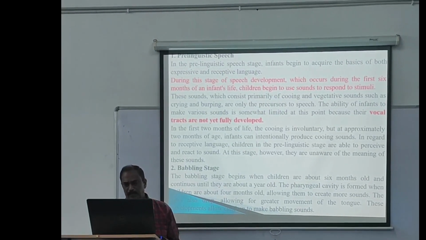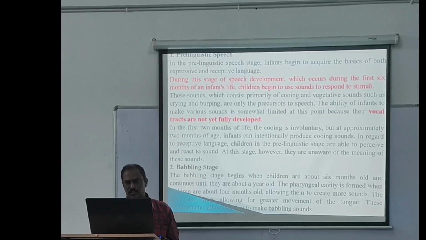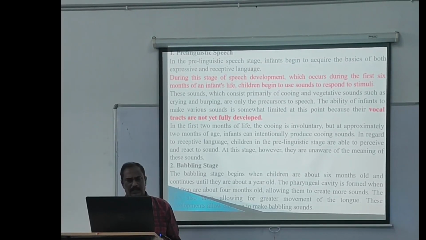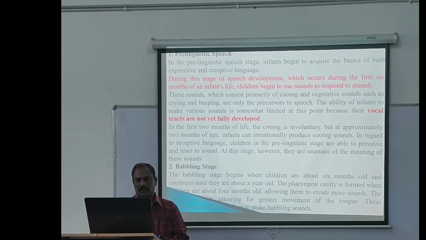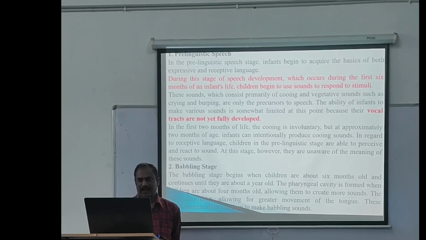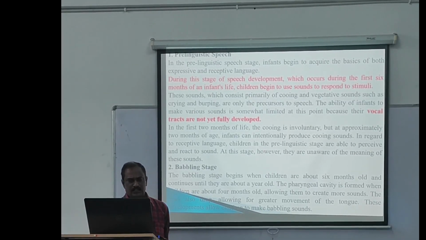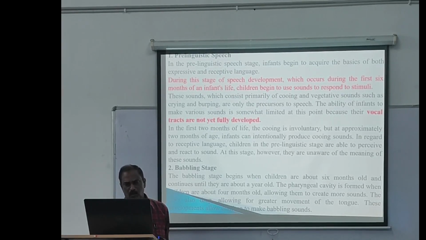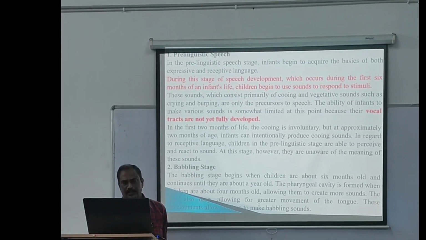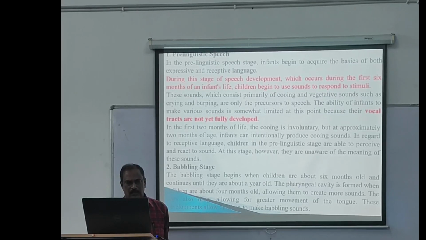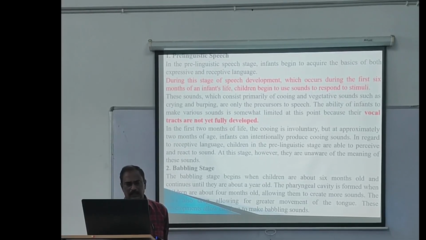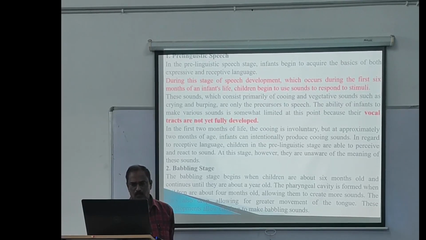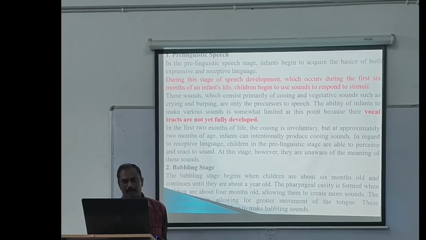The babbling stage begins when children are about 6 months old and continues until they are about a year old. The pharyngeal cavity is formed when children are about 4 months old, allowing them to create more sounds. The jaws also drop, allowing for greater movement of the tongue. These developments allow children to make babbling sounds.